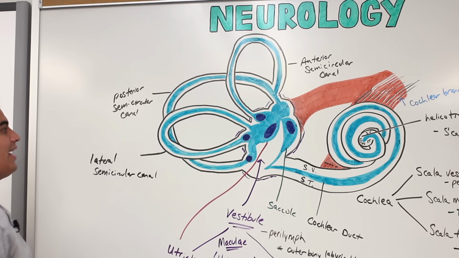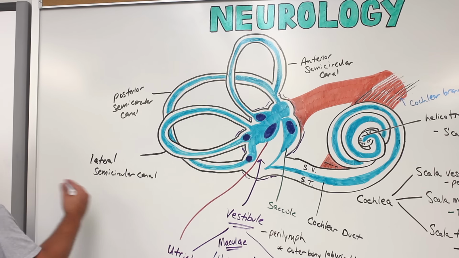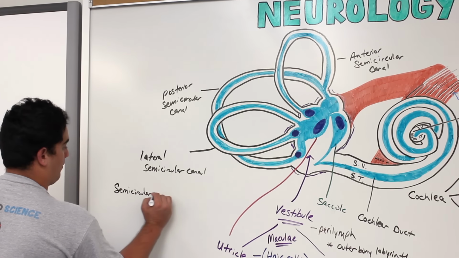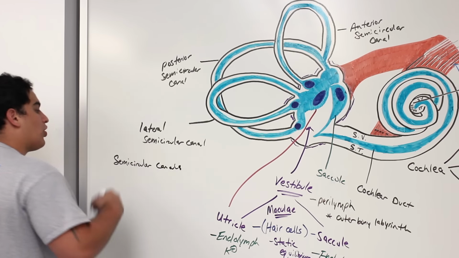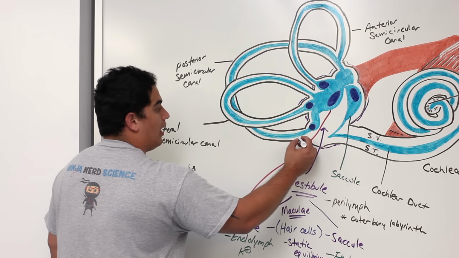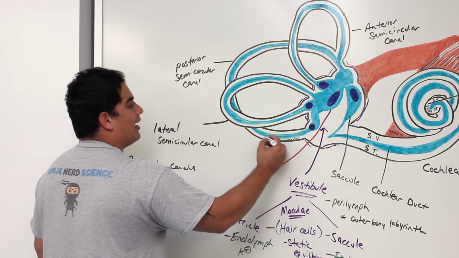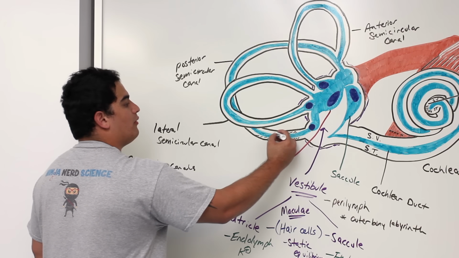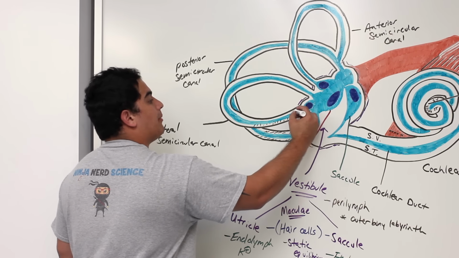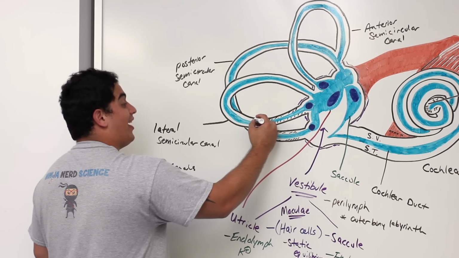Now that we got that, what's important about the semicircular canals? They are going to be the outer bony labyrinth. Outside of this, imagine I'm highlighting it right here, all this stuff that I'm moving in with little lines. That part there is the outer bony labyrinth, which is made up of perilymph.